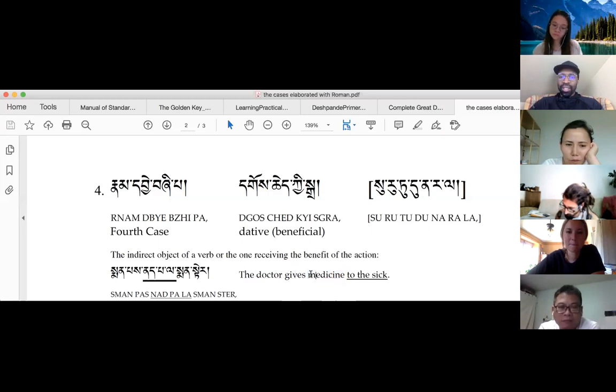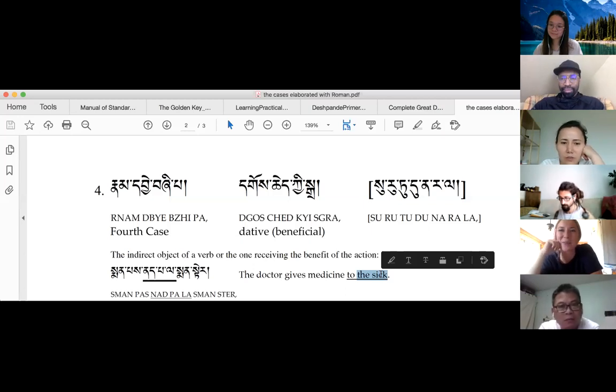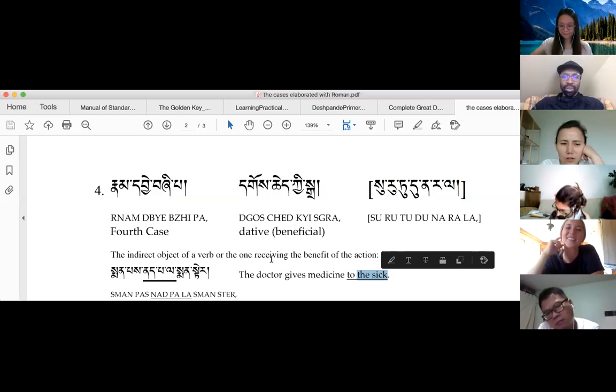And who or what he's giving it to, or she's giving it to, is who? Whom? The sick. And so what part of the sentence is that? The indirect object. Okay. Which is dative case.